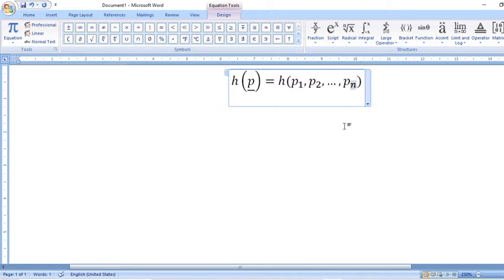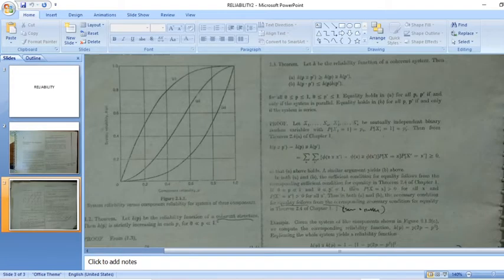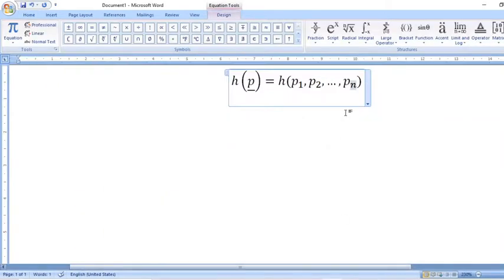Okay, so we are considering this reliability function of the coherent system. Now what we are interested to prove is h of p union p dash greater than or equal to h of p union h of p dash.